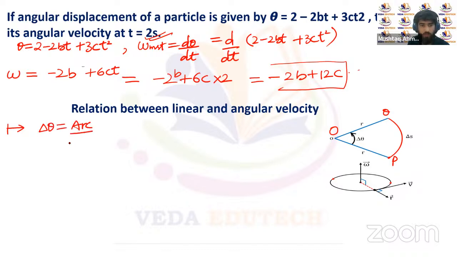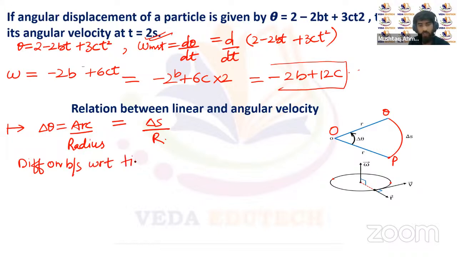The arc here is delta S, and the radius is r. Now if we differentiate this equation on both sides with respect to time.